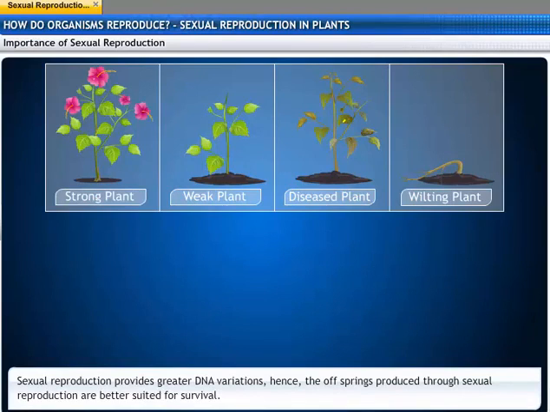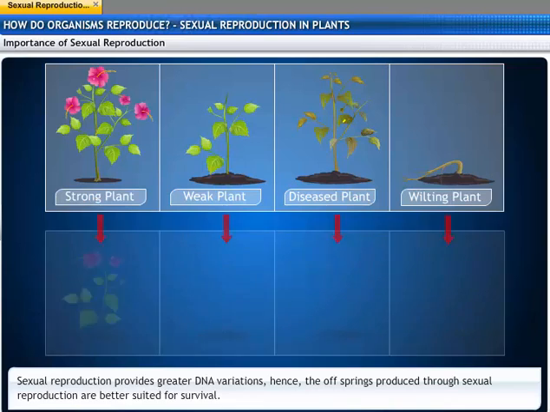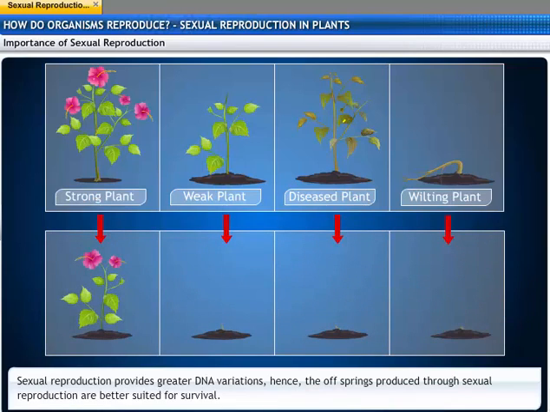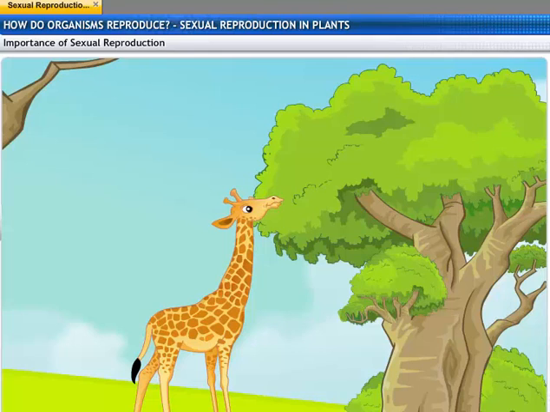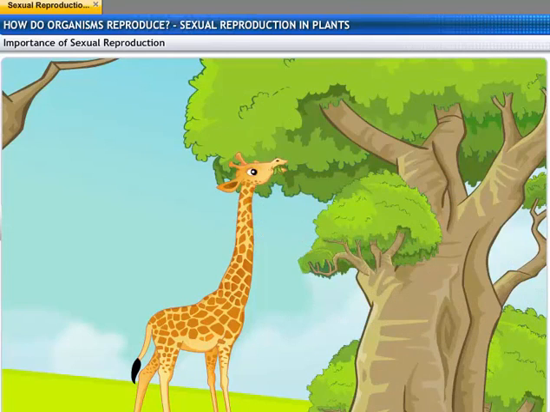Hence, the offsprings produced through sexual reproduction are better suited for survival and provide a mechanism for selective adaptation to occur. For example, over generations, short-necked giraffes evolved to long-necked giraffes because their food was available only high up on the trees.